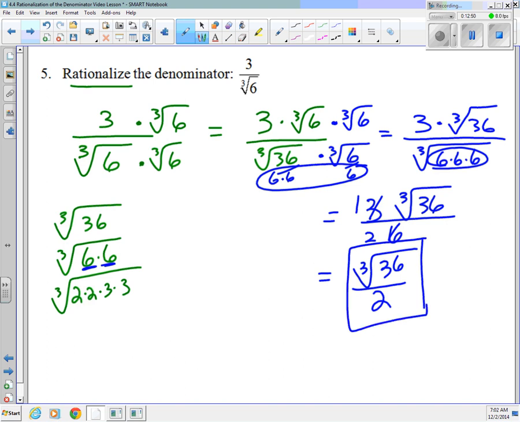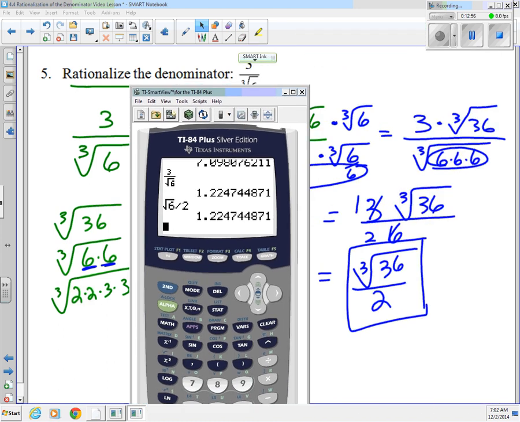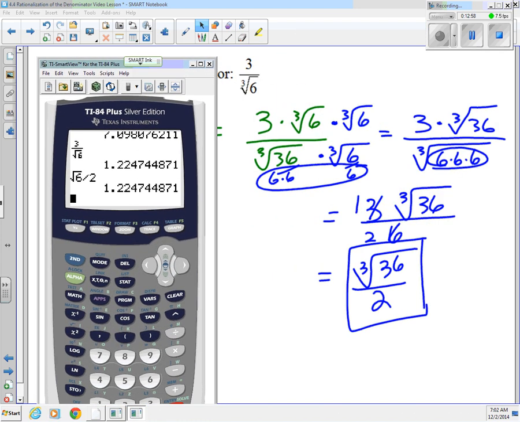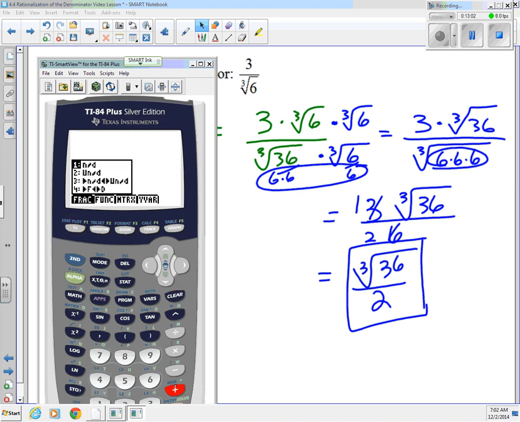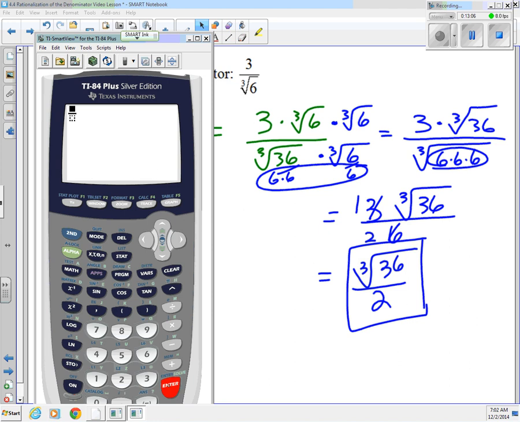as my answer. Again, I'll prove this to you on the calculator, so you don't think I'm doing voodoo magic here. The original fraction was 3 divided by, and if you want to get to the cube root key, you press math, and it's choice 4.